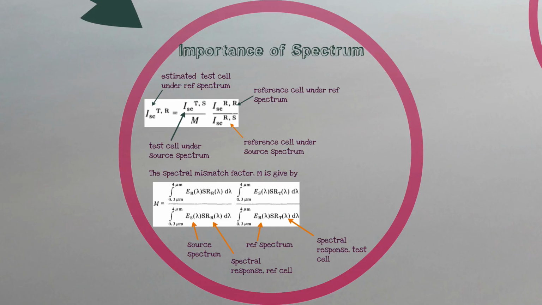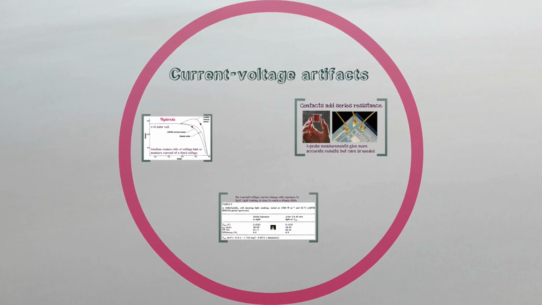And take the reference spectrum, multiplied by the response of the reference cell, and divide them. And you have the cross terms here as well. In other words, you have the reference spectrum and the spectral response of the test cell. So it's a simple scaling, the approximate way to do the actual calibration.